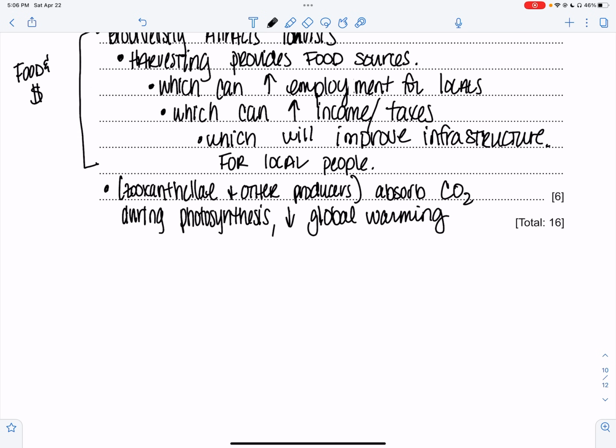If you're familiar with it, I know in environmental you need to cover it. In A-level marine, that's when they have the definition for the enhanced greenhouse effect.